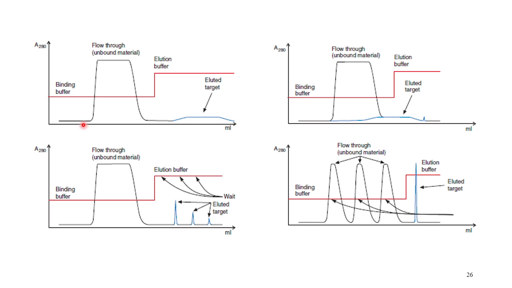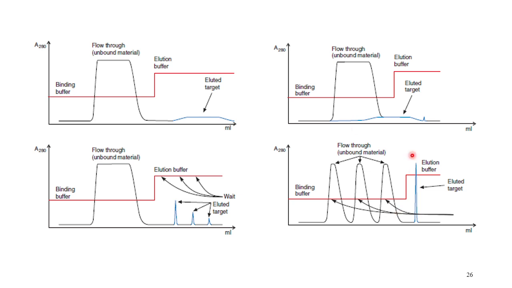So this is not a very good example, neither are these ones, but this is a very fantastic one. All of these have equilibration states, but here you're loading the entire protein and then starting to elute it.